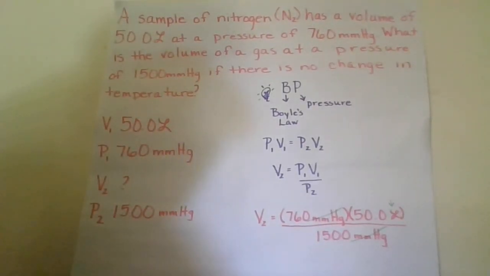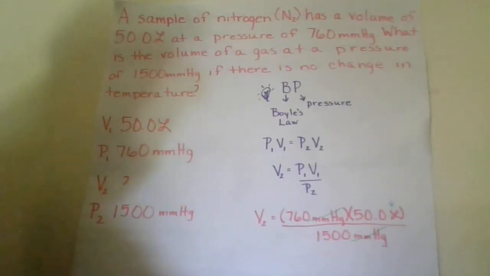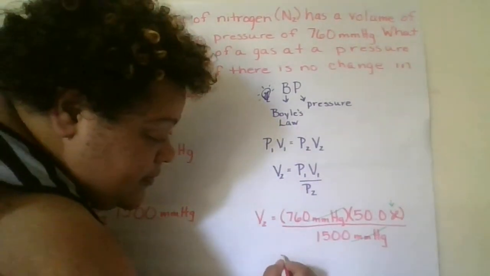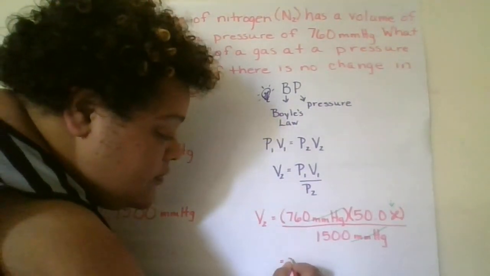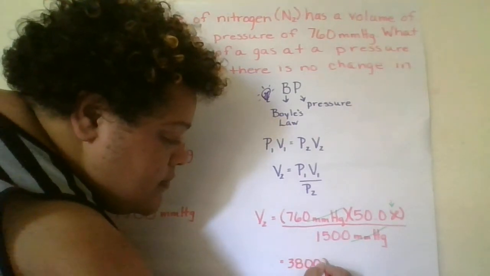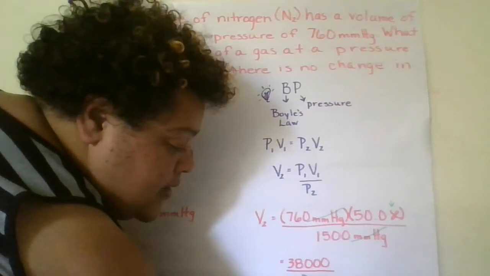And we get that 50 times 760 is going to give us 38,000, all divided by that 1,500.